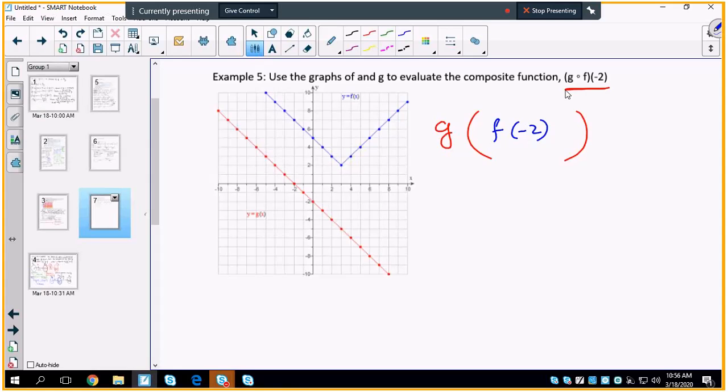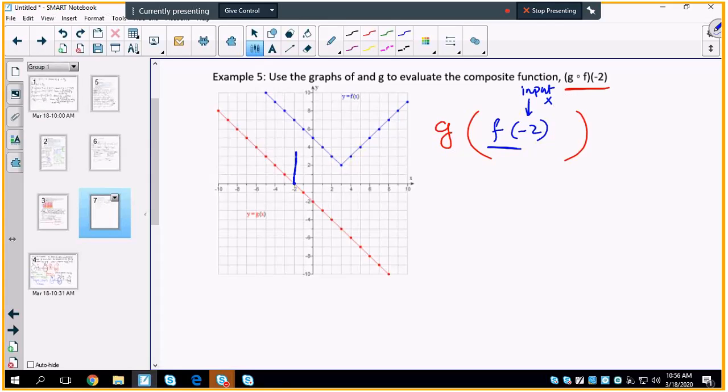What is f of negative 2? Since the input is negative 2, that's your x. So let's go to x equal to negative 2.